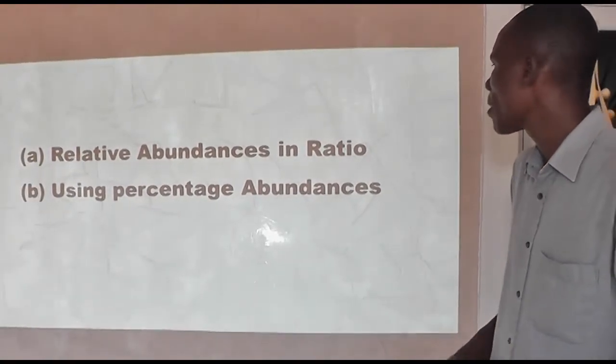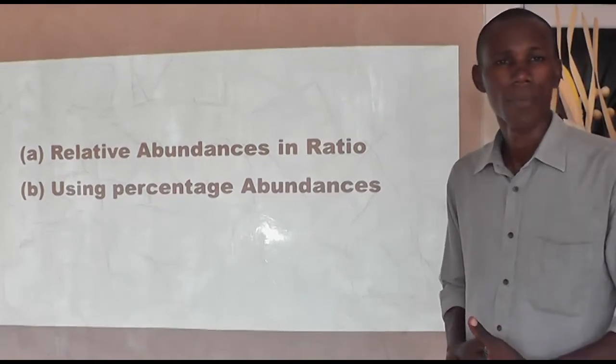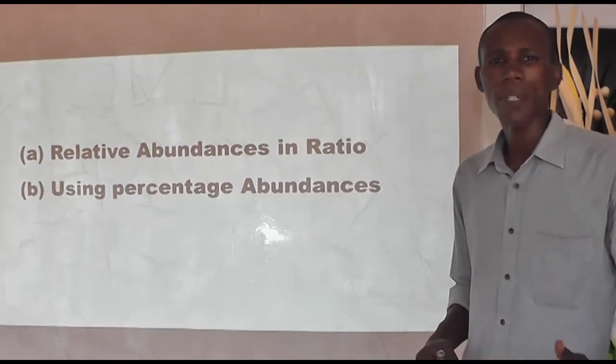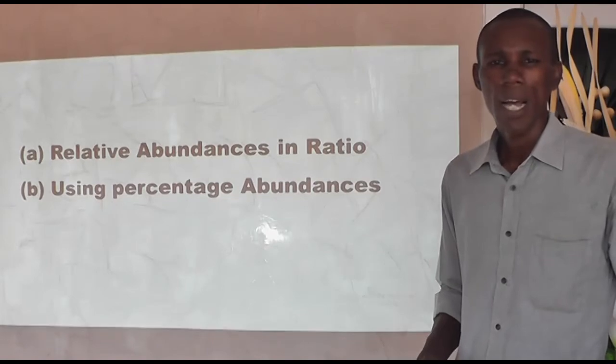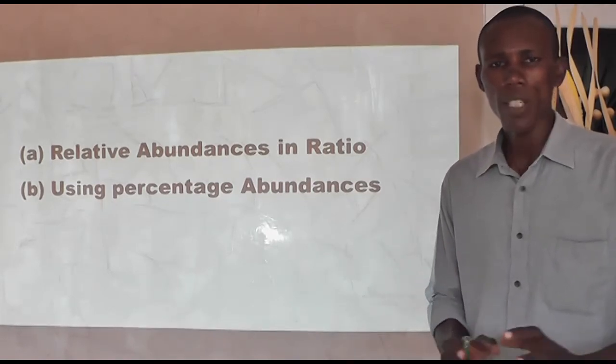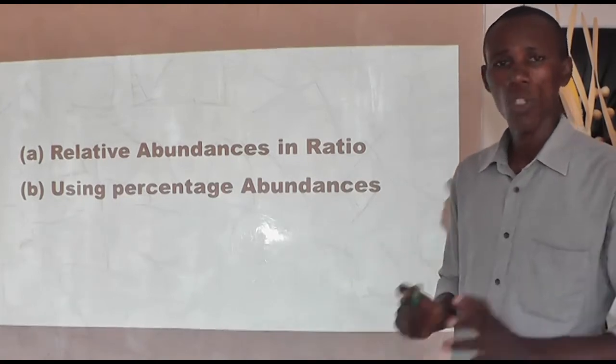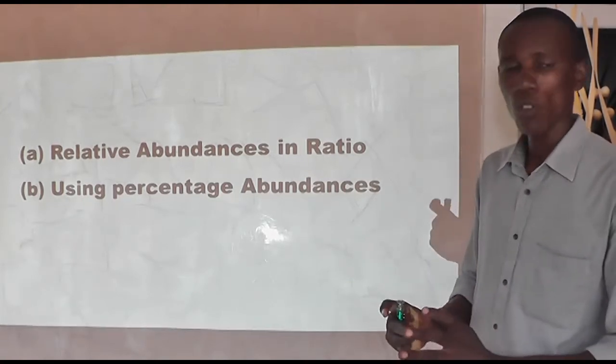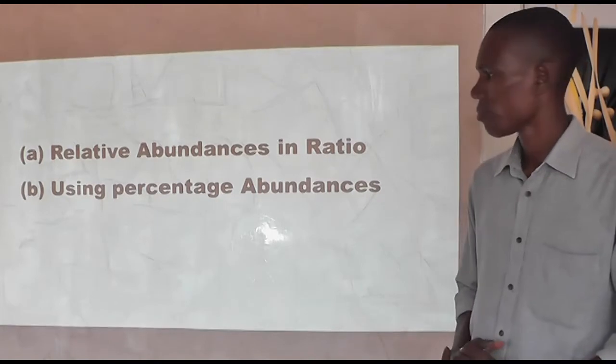We can use the percentage abundances. The percentage abundances will tell us which of the isotopes is more and which is less naturally.